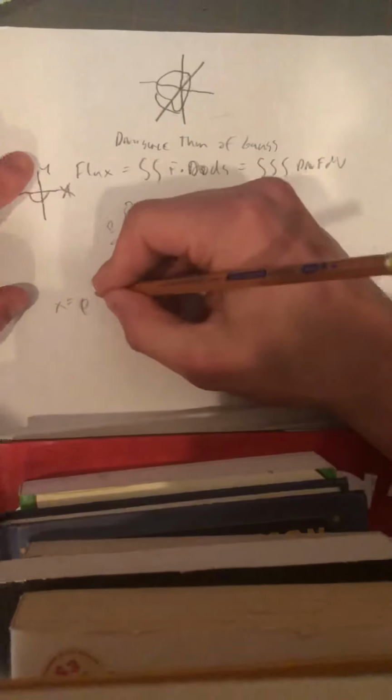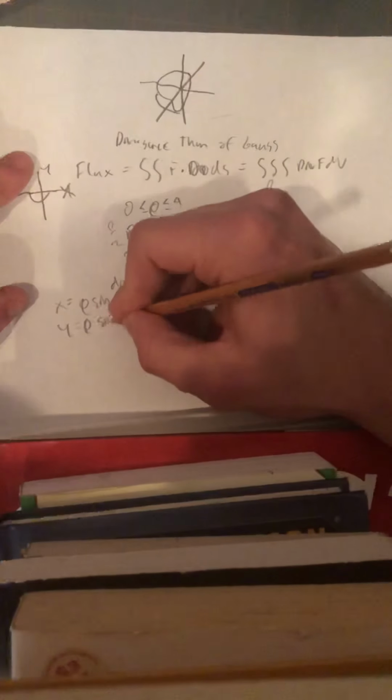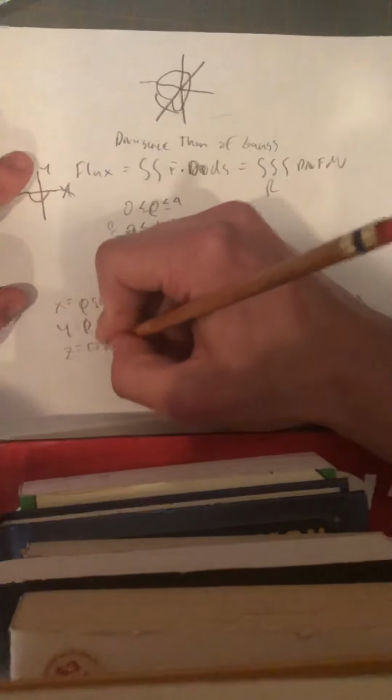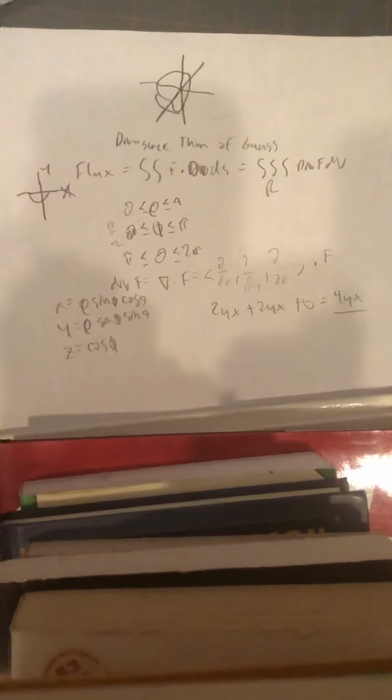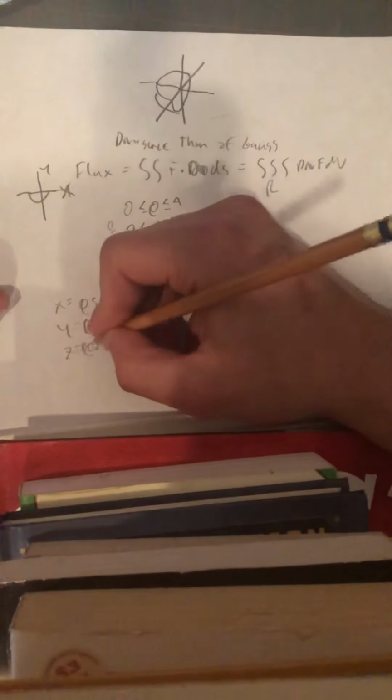Okay, that's nice. We need to remember our Cartesian transformations into sphericals. x is rho sine phi cosine theta, y equals rho sine phi sine theta, and z is rho cosine phi.